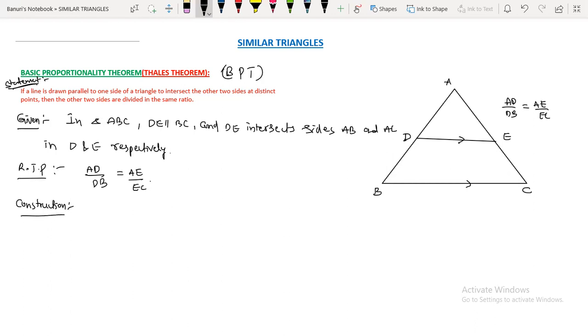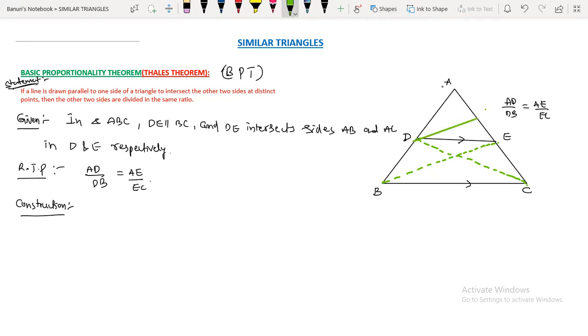What we have to construct is, I am joining B and E, and C and D. And I'll draw a perpendicular from D to AC.